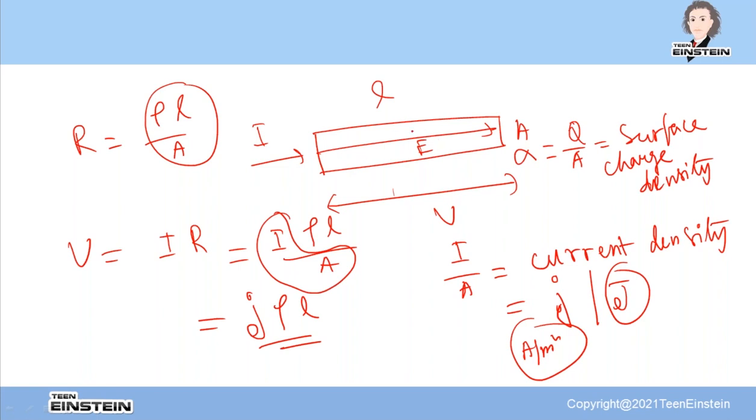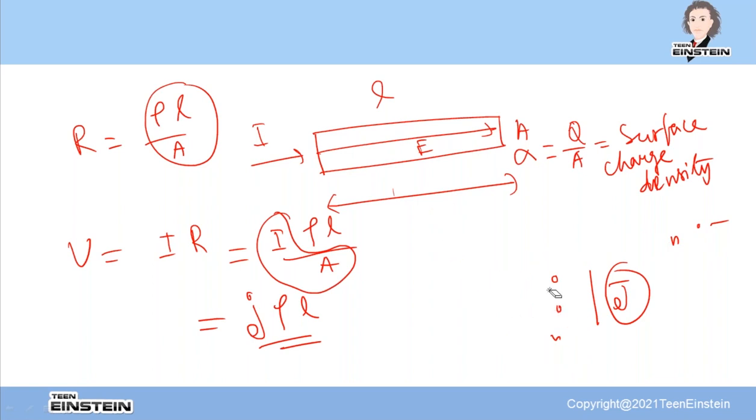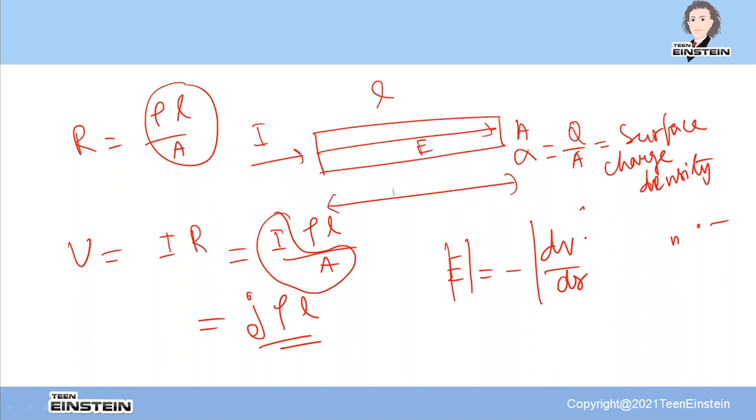In the previous chapter we learned there is a relationship between the electric field and the potential: E is equal to minus dV by dr. If I take the modulus, I can write V is equal to E into r. So in this case V is equal to E into L. I hope you agree with this.